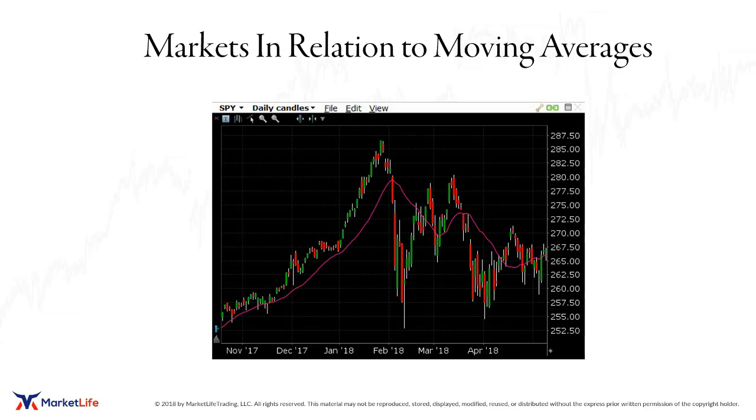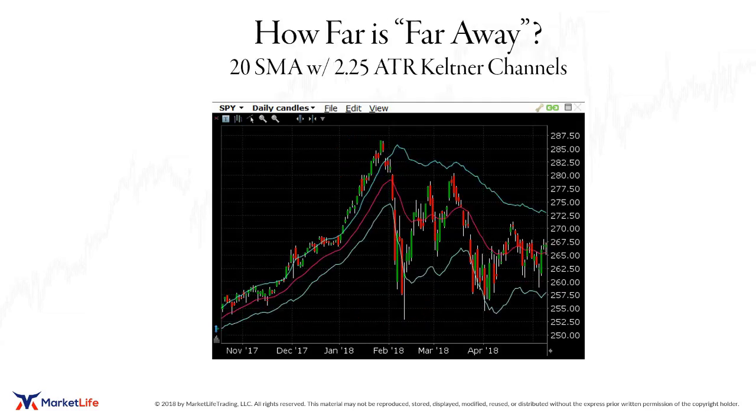Well, one helpful thing is a moving average, which we've also discussed. It might be useful to have some idea when the market is far away from a moving average, as it is in these places, or when it is relatively close to the moving average, as it is in these places. But of course, the problem becomes, how far is far away? What does far away mean?